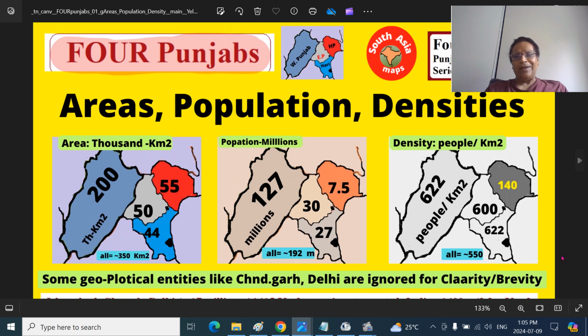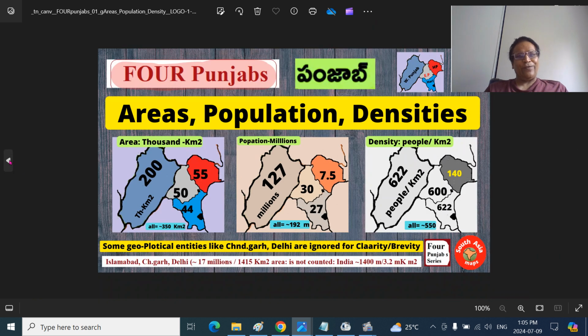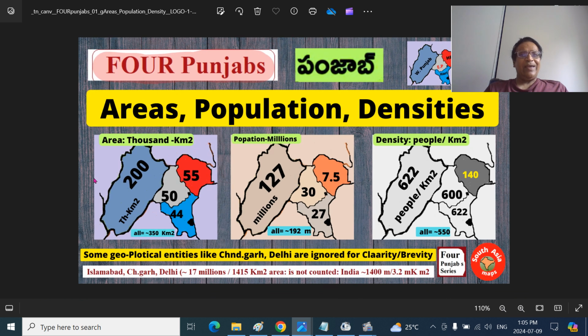About the four Punjabs, it is essentially the same: the area here is 350 units altogether, population close to 200 million altogether, and the density if you average them is 550, a little more than Bharat. Bharat has 1400 million people living in 3.2.